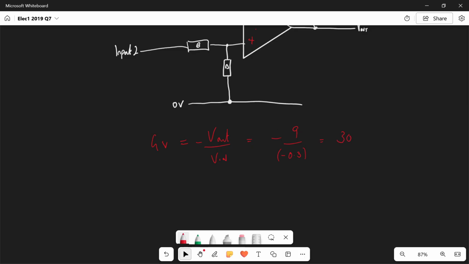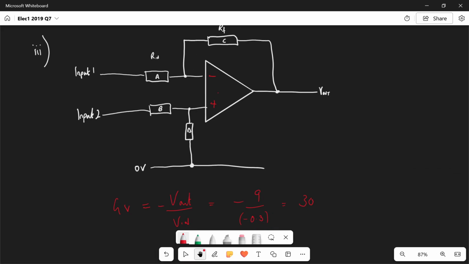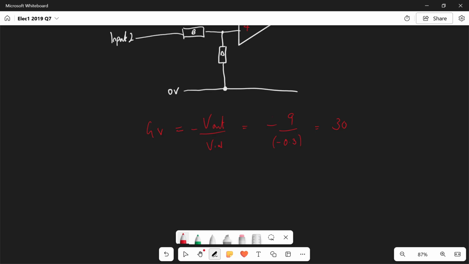Now why this is important is because we can treat C and A as our inverting amplifier resistor values, where we've got RF and RIN. Now that gain of 30 basically means that RF is equal to 30 times RIN for this particular configuration, which means that if we want to use values, we'll basically give RIN the easiest value that we can and the smallest value, which is 10k, which means that RF will have to be 30 times bigger than that, so that's going to be 300k.